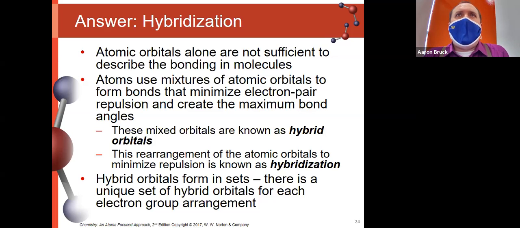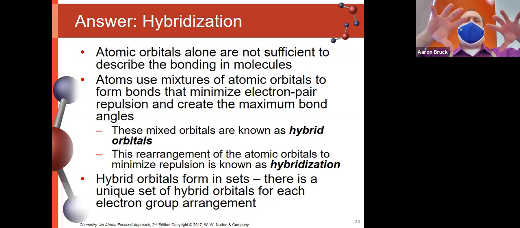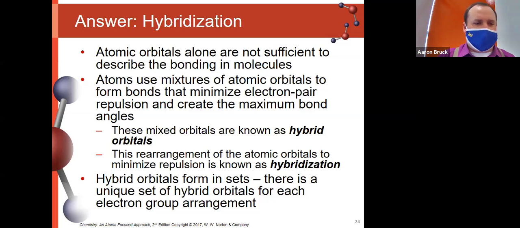That is, orbitals that integrate atomic orbitals in such a way as to minimize repulsion and give us those bond angles, those orbitals that are capable of interacting in that internuclear axis to give us those sigma bonds.